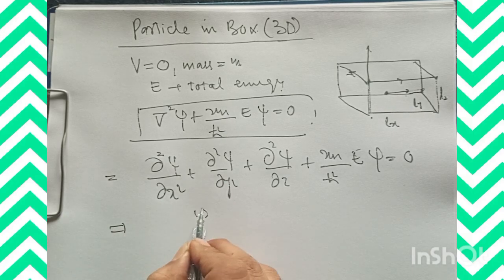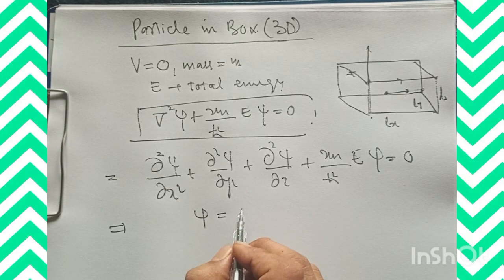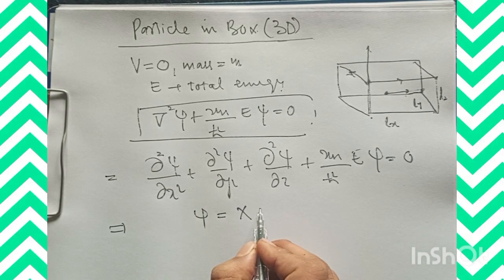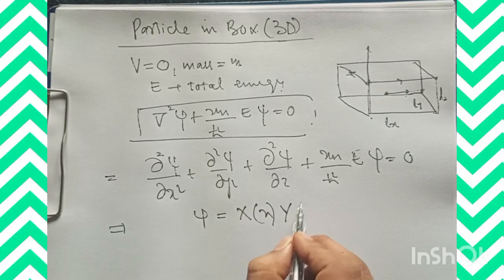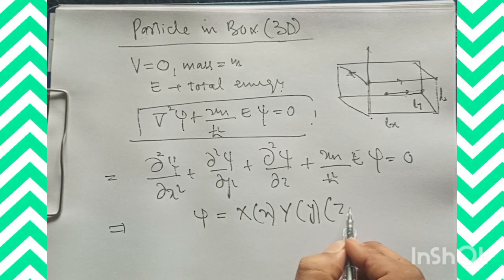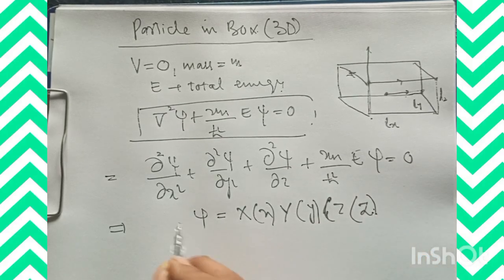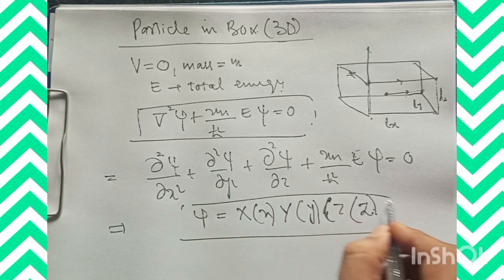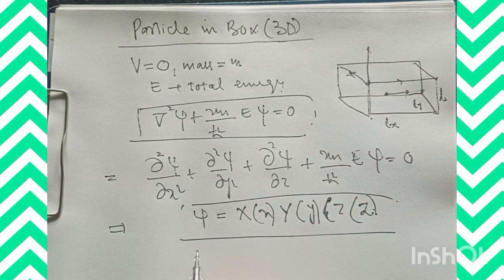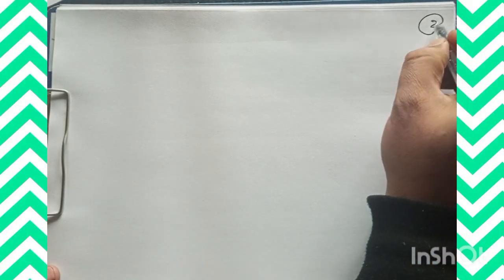Say this psi is the function X of x, Y of y, and Z of z. In a similar fashion, we will take the double derivative of this wave function, and we will have a differential equation.